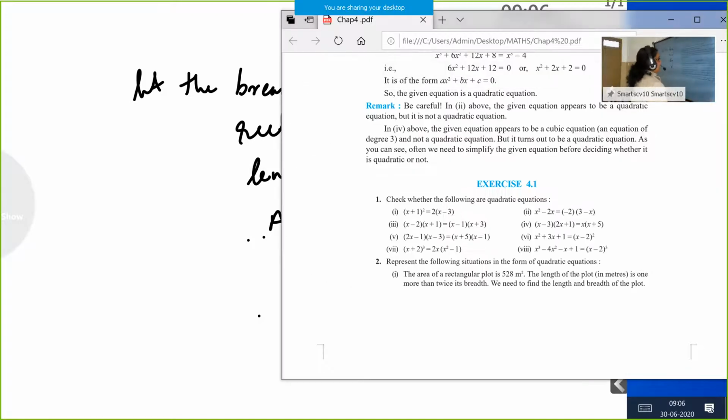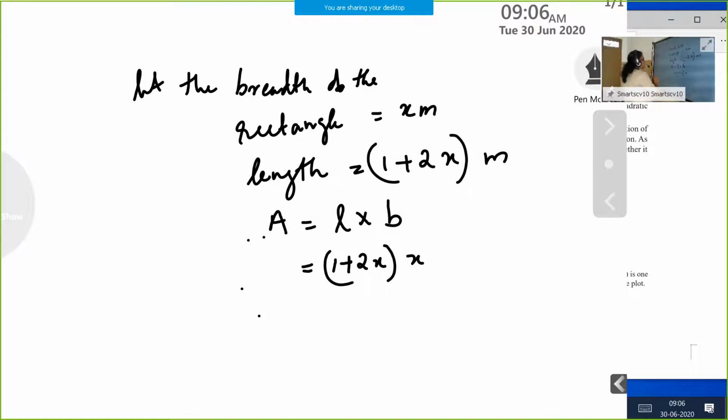Then given that what is area? Area is equal to 528 meters square. According to our question, x into 1 plus 2x is equal to 528 meters square.